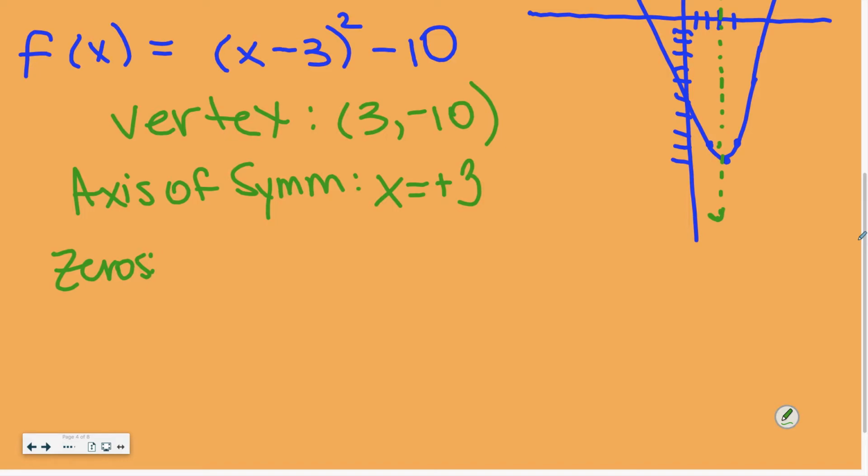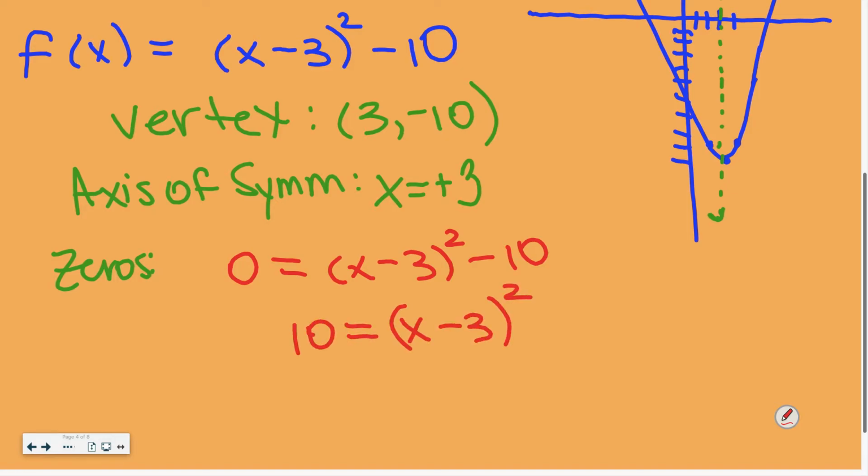When our equation is in this standard form, solving for zeros is really nice. So solving for zeros, we're plugging 0 in for y. Why do I say that this is really nice? What's the first thing we need to do to solve this equation? We're going to add this 10 over.